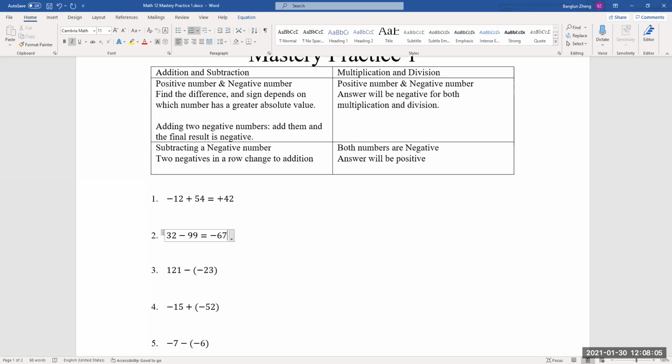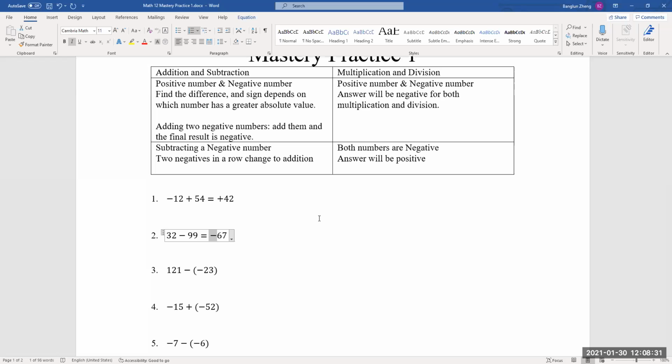Video 1 is a review video, arithmetic, right? In here, I'm not showing the steps of doing those additions and subtractions, but I want to focus on the signs. So why does the first question have a positive answer, and why does this one have a negative answer? That's what I want you to understand in this video.